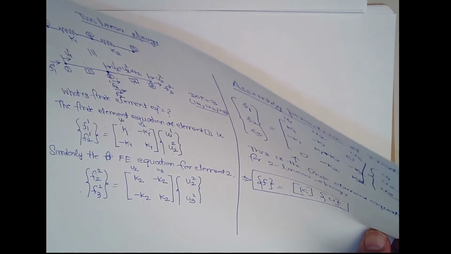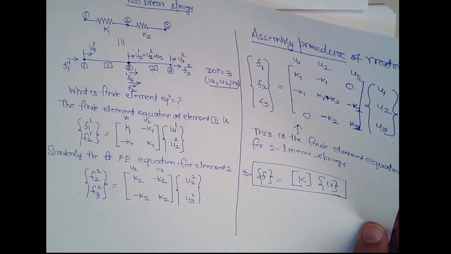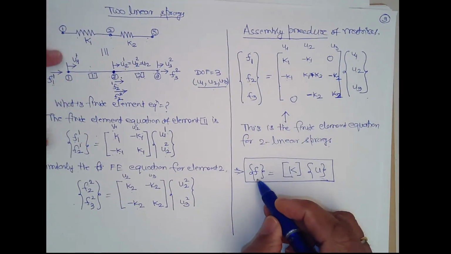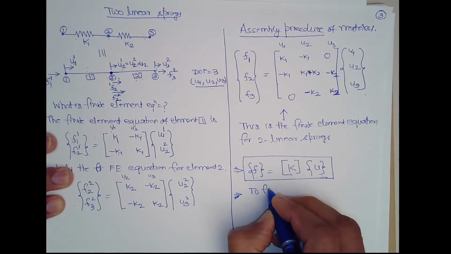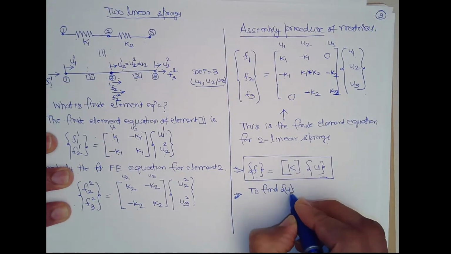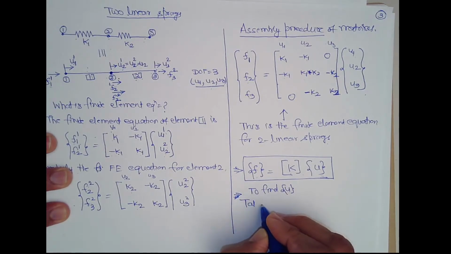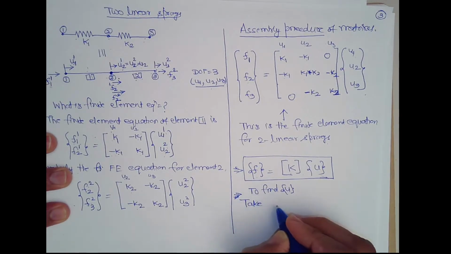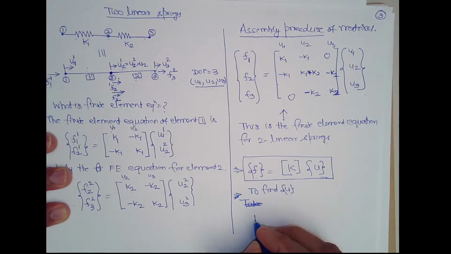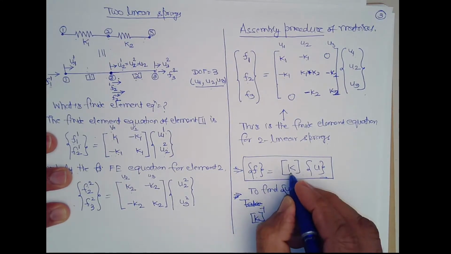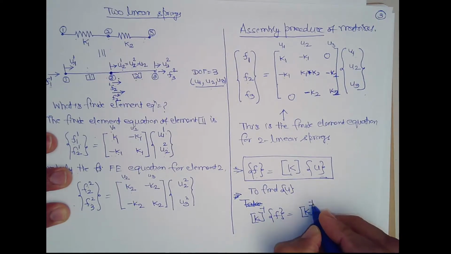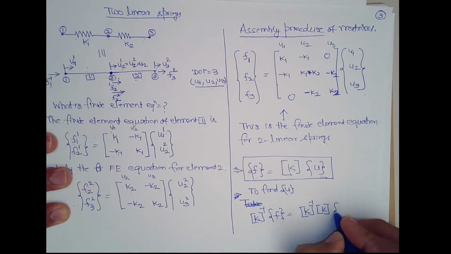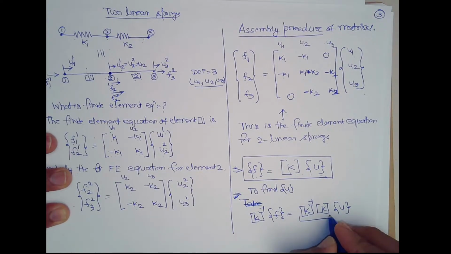It is something like taking an inverse. If you want to find U, how to find it? Multiply both sides by, let us say, the inverse of K. So K inverse K, and that is U. You know this is equal to the unity matrix.